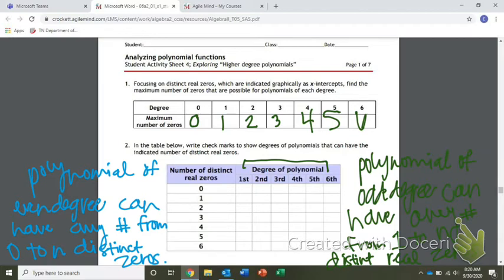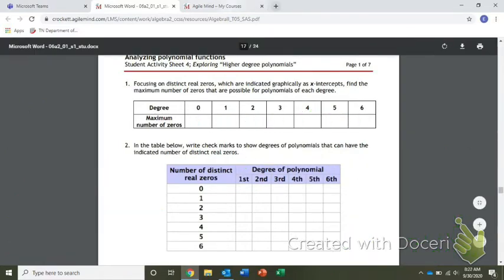Okay, so these that we just wrote are two very important things to know for higher degree polynomials. Now I'm going to swap back to AgileMind.